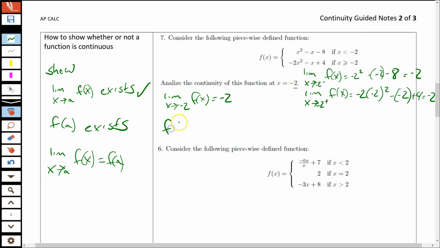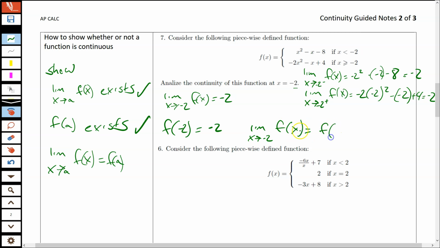Now, f of -2, well, that's what I get when I plug it into the less than or equal to piece, right? So I've already calculated that. I know that that is also -2. So that also exists. And then I need to check to see whether or not they are equal. And they are, right?